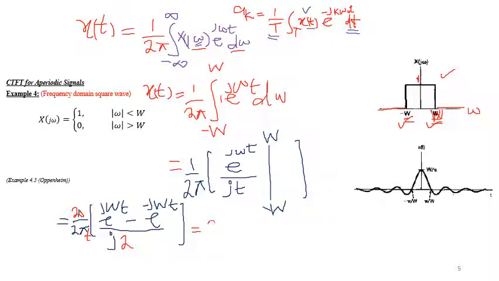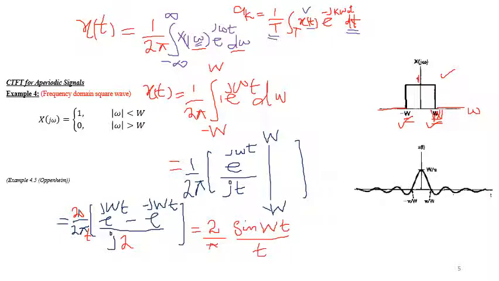So I can write it as 2 by pi, times sine of omega t, divided by t. By looking at this, you can tell that basically this is a sinc function.